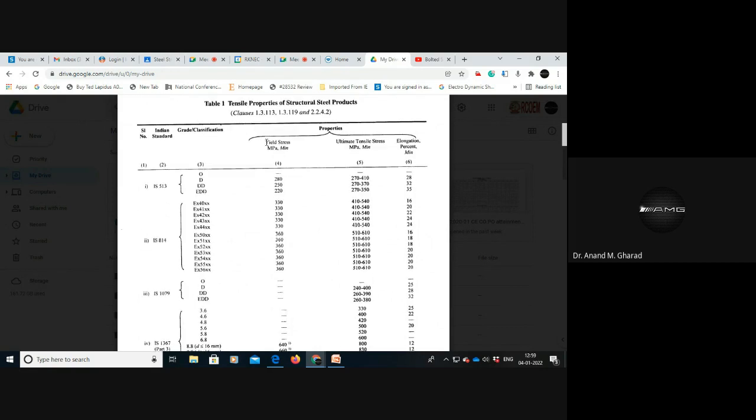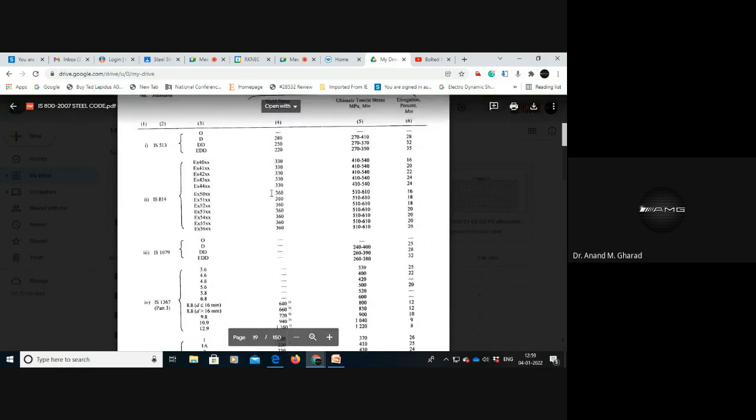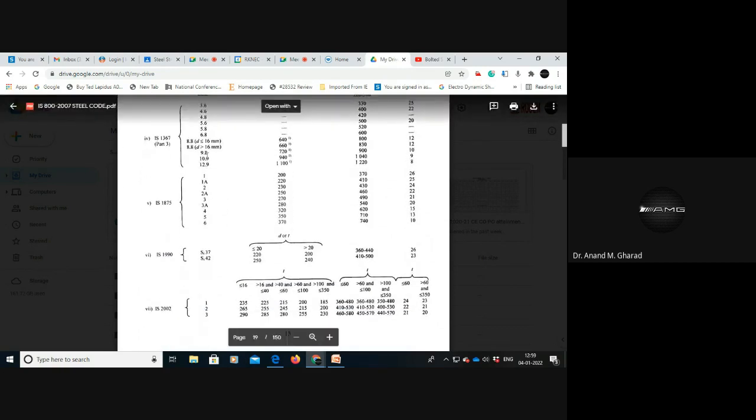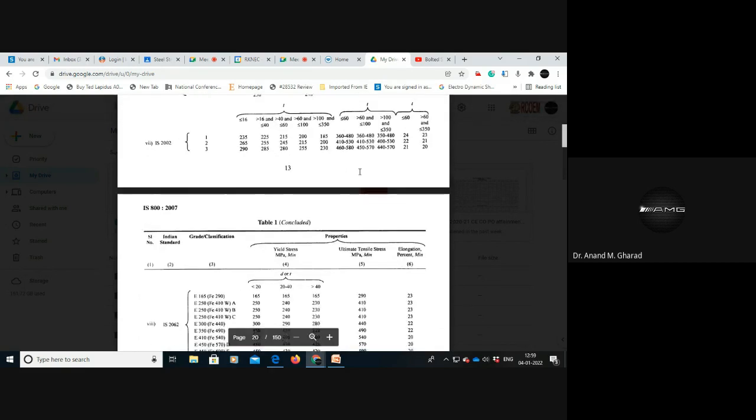Yes, okay, fine. So now you can see this table is essential. One hint I have given is that we will be using this whenever we come across a bolted connection. There are different grades of bolt given over here, and the necessary information is also given. We will be referring to this table.